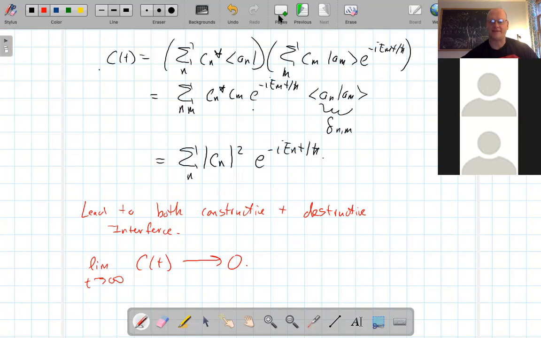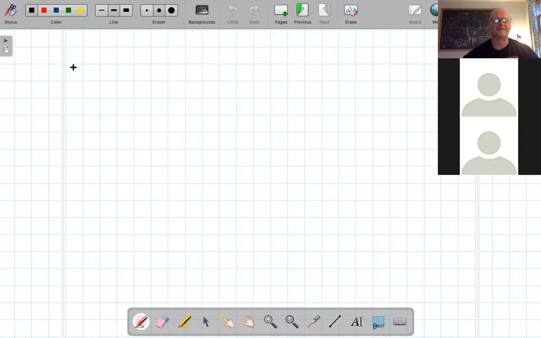So if we want to estimate how quickly this happens, or when this thing actually loses its identity, what we can do is say that we have a superposition over energies, where each one of these energies is very close to each other.